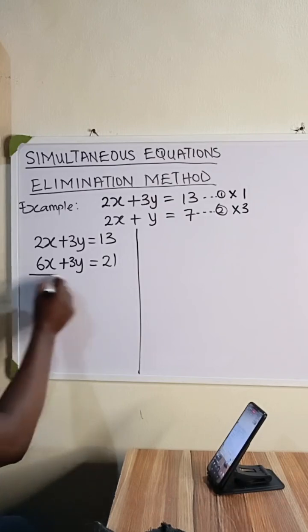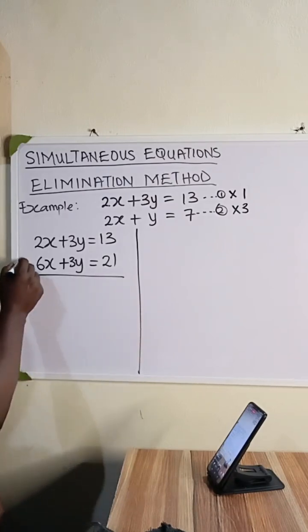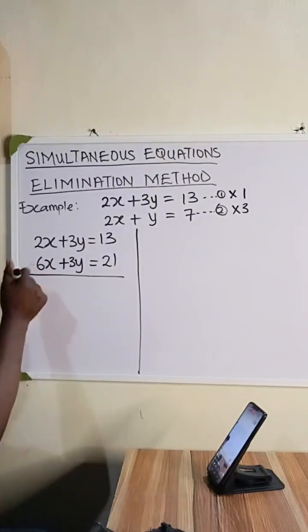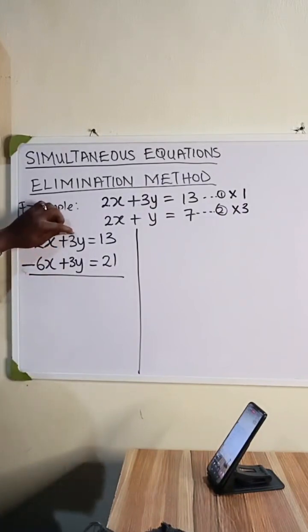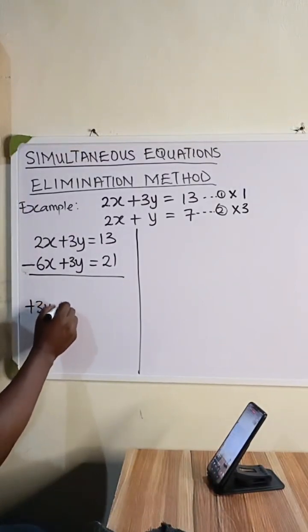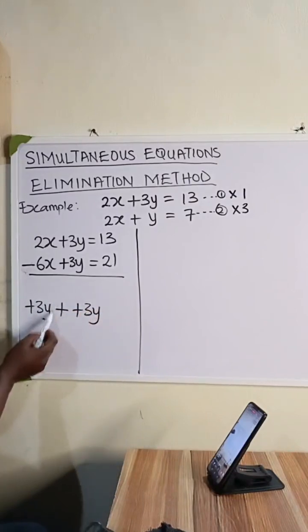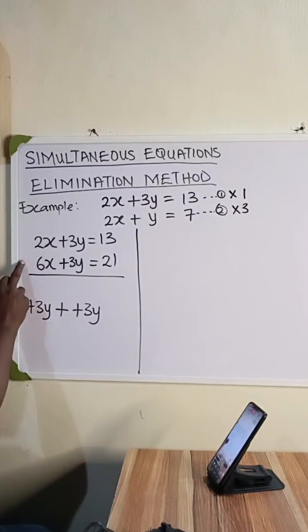So now, we want to check if we are going to add here or we are going to subtract here. So how do we do that? The variable we are trying to eliminate is y. So we have plus 3y, plus 3y. This plus is what we are thinking about putting here.